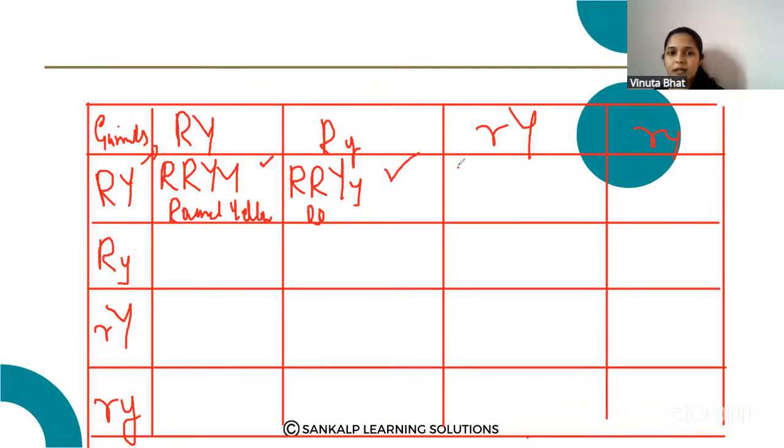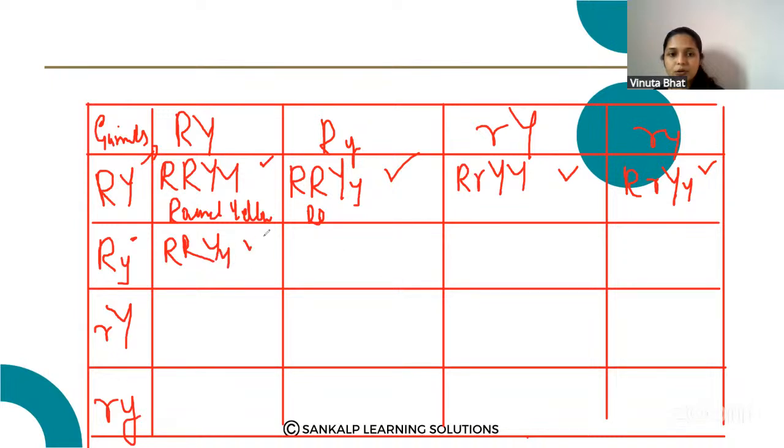Then capital R, small r, capital Y, capital Y. Here capital R is there and capital Y is also there, so this is also a round yellow color seed producing plant. Capital R, small r, capital Y, small y is also the same. Next, the second gamete with the first row: capital R, capital R, capital Y, small y.